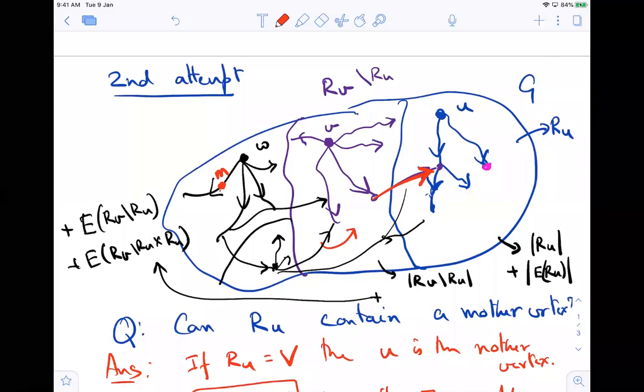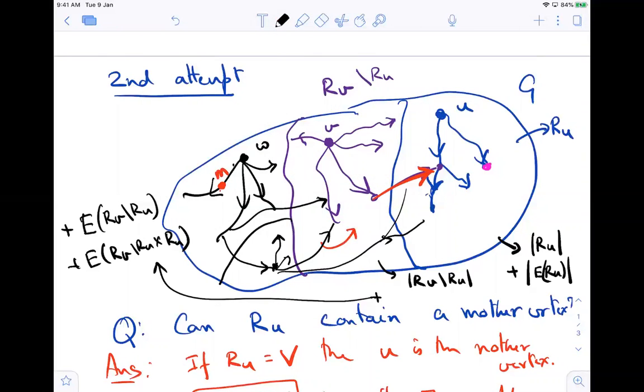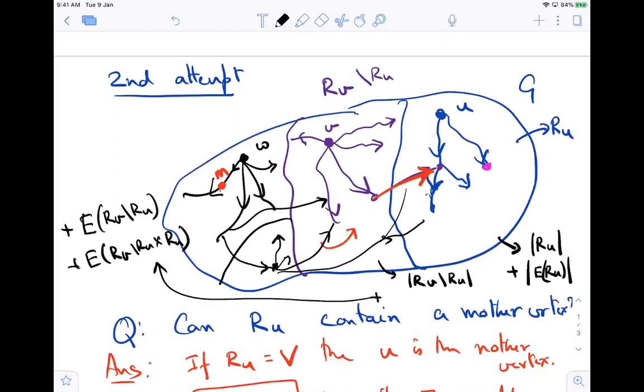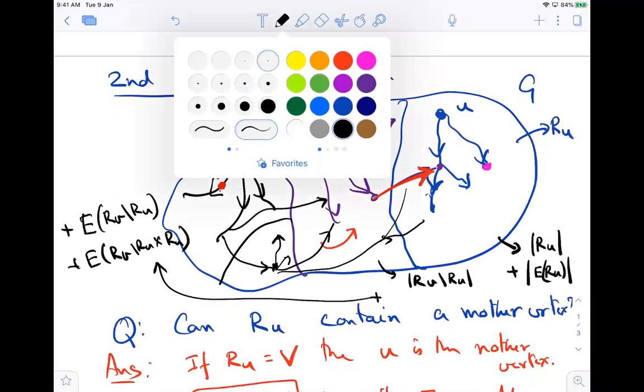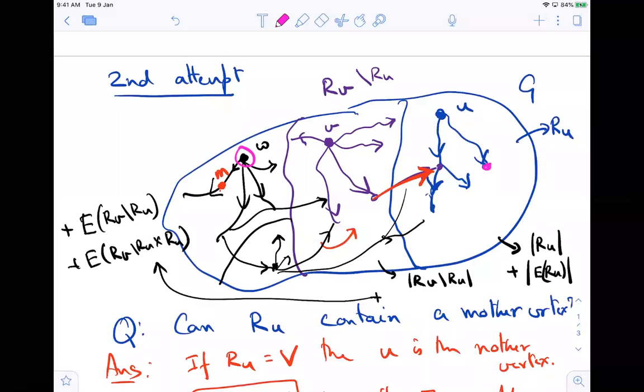But I know by definition of this last stage that I can reach from W to M. So M might be a mother vertex, but in that case, W is also a mother vertex, because I can go from W to M and then go everywhere else. So if at all a mother vertex exists, this W is one of them.